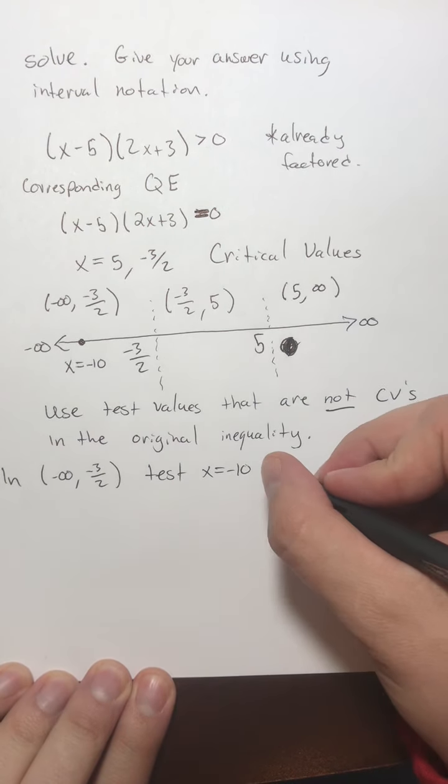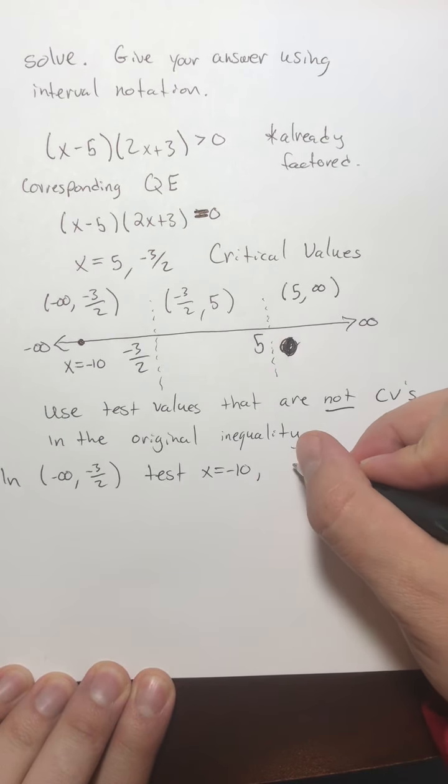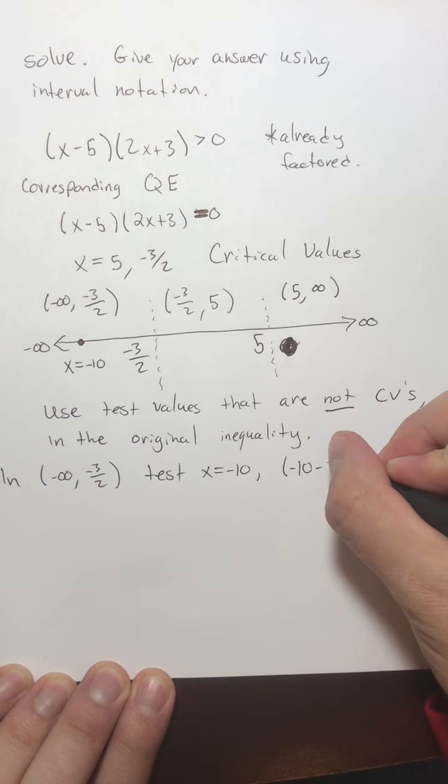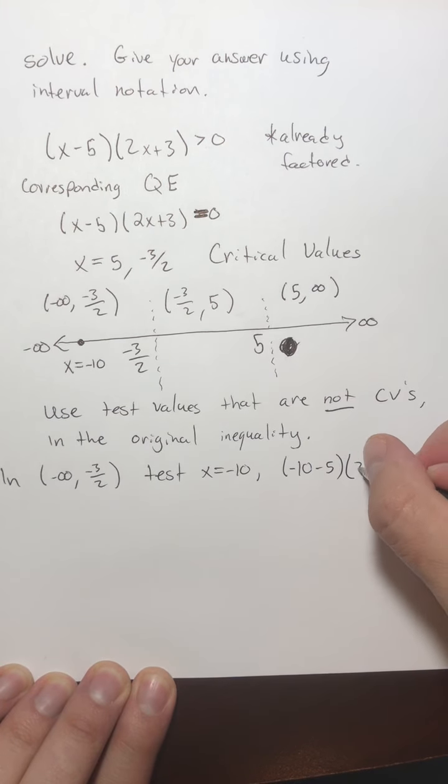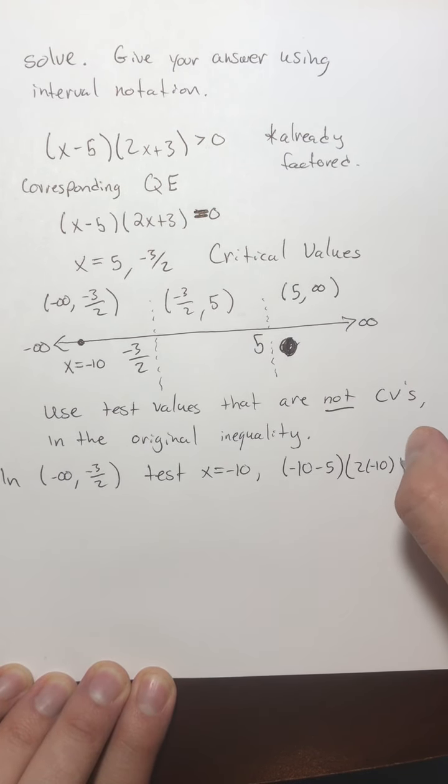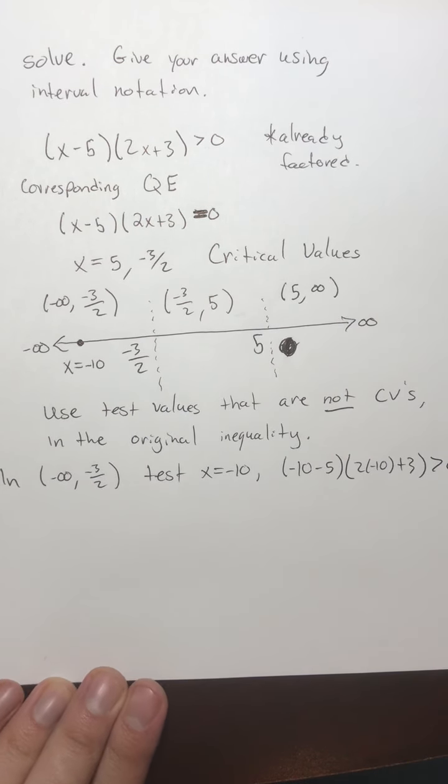So if I test x equals negative 10, negative 10 minus 5 times 2 times negative 10 plus 3, is that greater than 0?